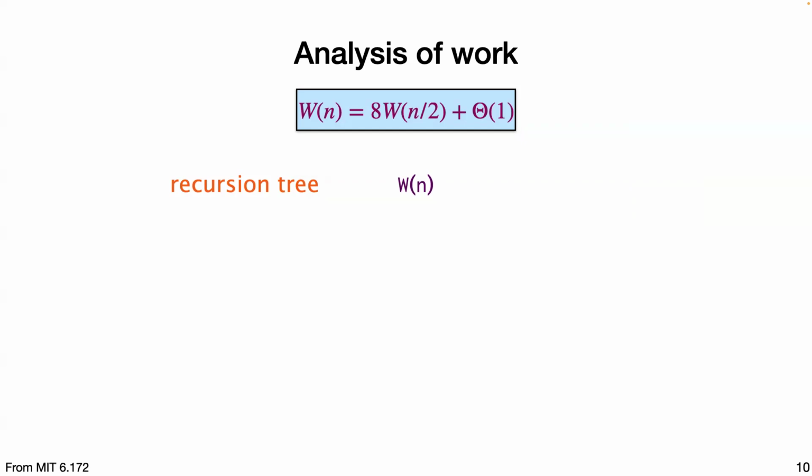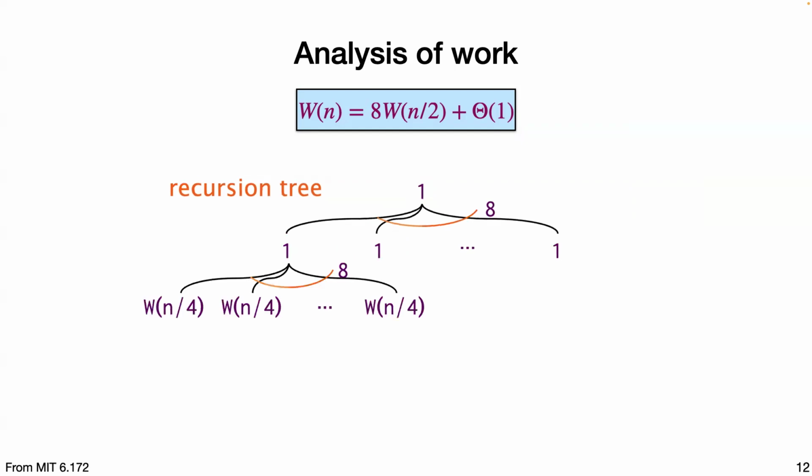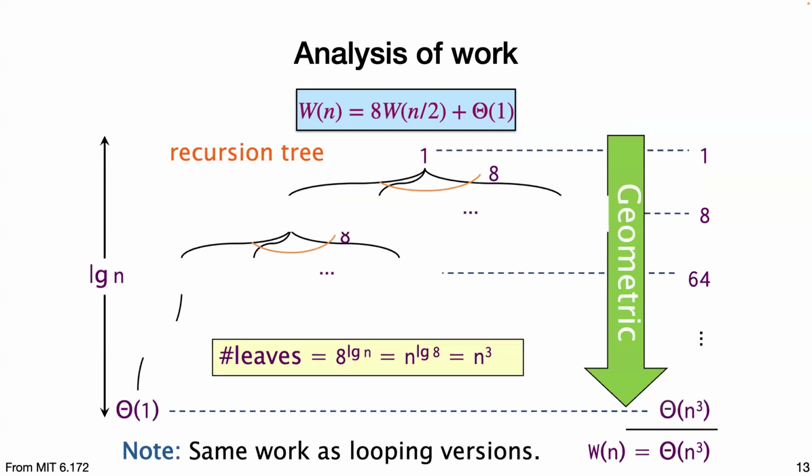You start at the top with the work, and then you have 8-way branching, and each subproblem is of size n over 2, and so on. There's only theta 1 work at each level to split the subproblems, and then you get subproblem size n over 4, and then all the way down until you get to theta 1.